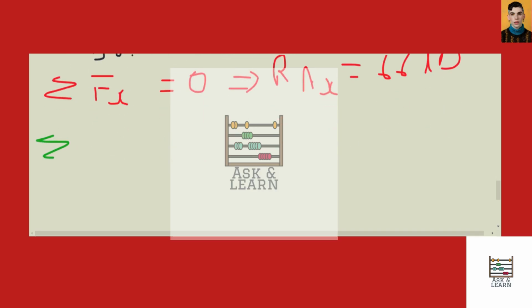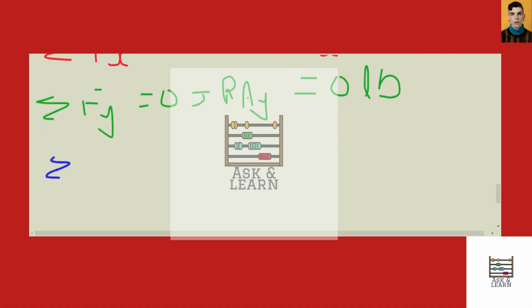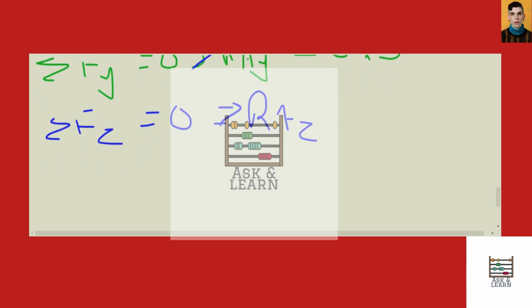We will get RAY is equal to 0 pound. And summing the forces in the z direction, we will get RAZ is equal to minus 36 pound.